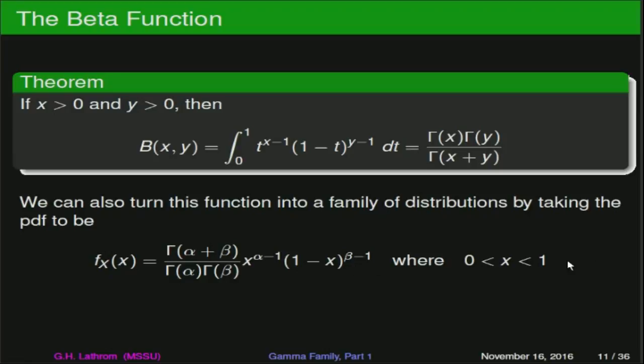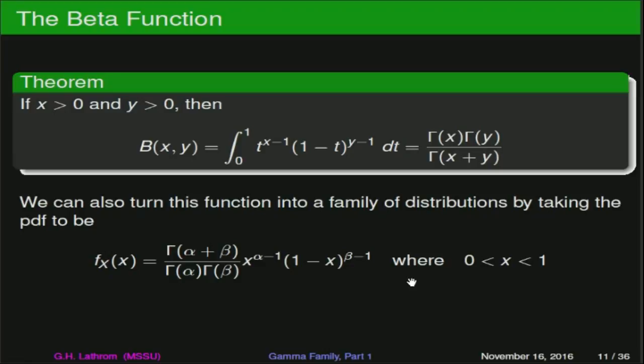So we really just let our variable t that we had in the definition of the beta function actually be our random variable x, and we'll have that be a function on the interval from 0 to 1.